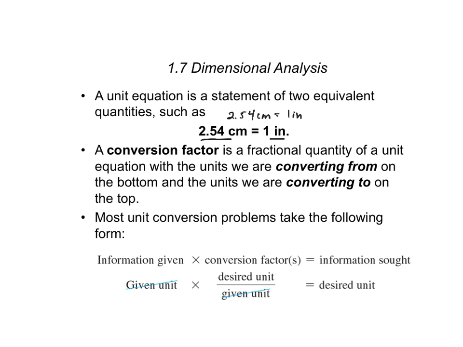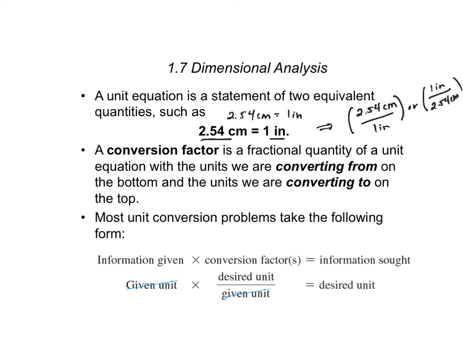We can use these unit equations and convert them to conversion factors, okay? So conversion factors are going to essentially take that unit equation and turn it into a fractional quantity, right? So for example, for this guy, turning this into a conversion factor, we could turn it into 2.54 centimeters over 1 inch, or we could convert this into 1 inch over 2.54 centimeters, okay?